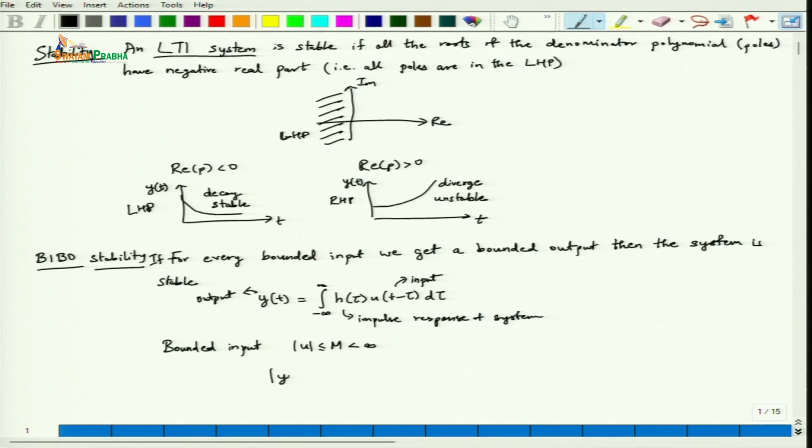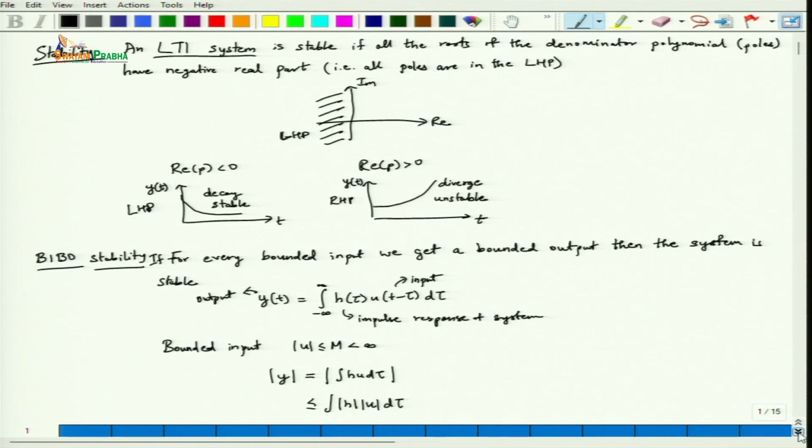So now if we take y, for the simplicity of notations we will drop this t. So basically the absolute value of the signal y is given by this. So we take the mod on both sides. As you will see, we can take the individual components now and we get this equation.